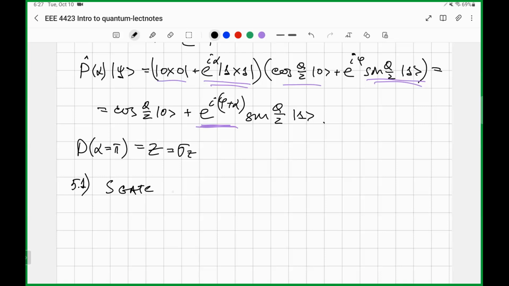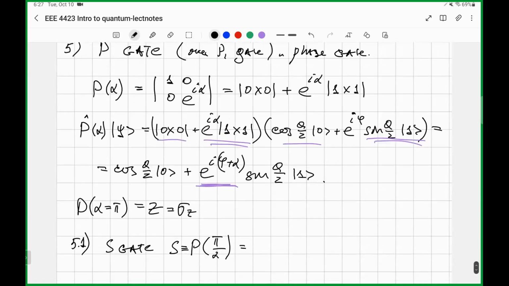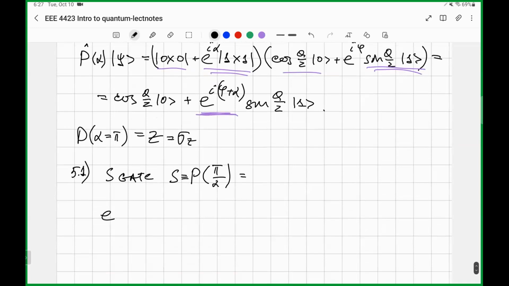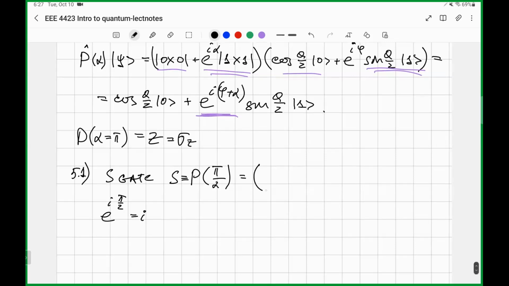So the S gate is basically the P gate when alpha is equal to pi over 2. Then e to the power of i pi over 2 is the imaginary unit, as we discussed today, so it's going to be the matrix 1, 0, 0, i.